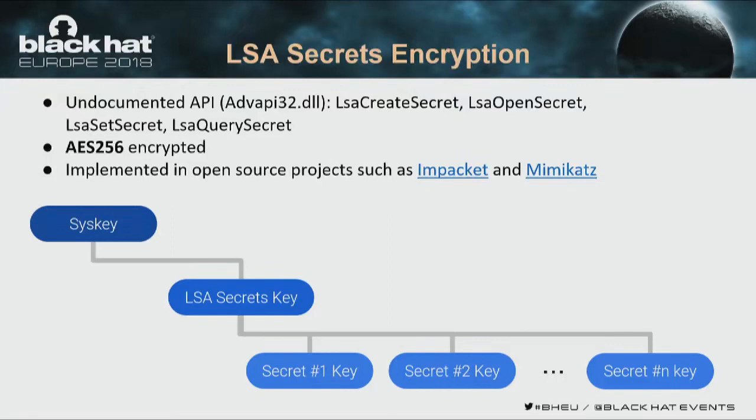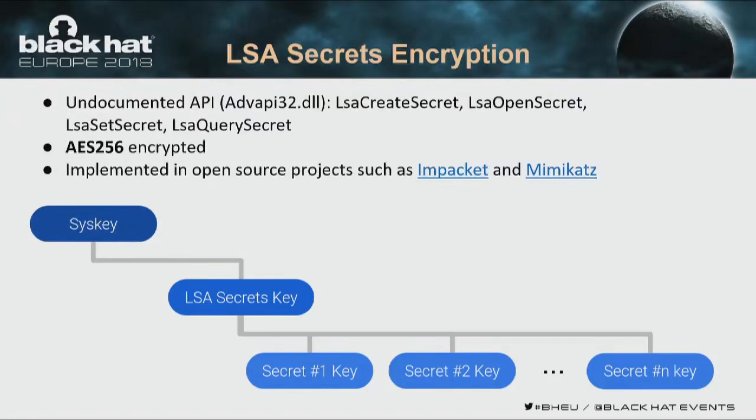There is an API to access LSA secrets, which allows you to set, open, create, read. It's pretty much like the API for working with files on Windows, only that behind the scenes, when you perform a write operation, the OS is going to encrypt the data and store it encrypted. And when you perform a read operation, the OS is going to decrypt it for you.